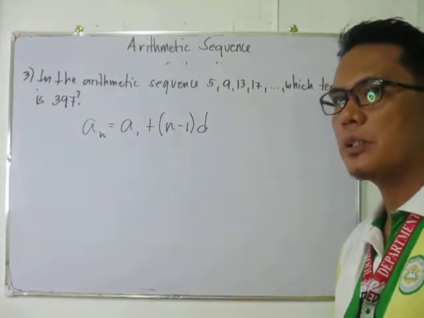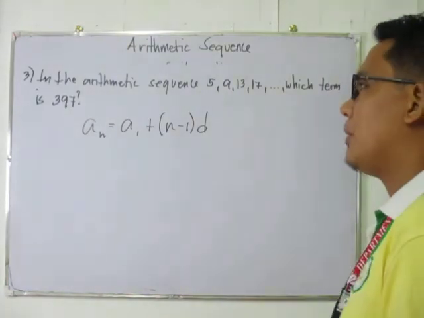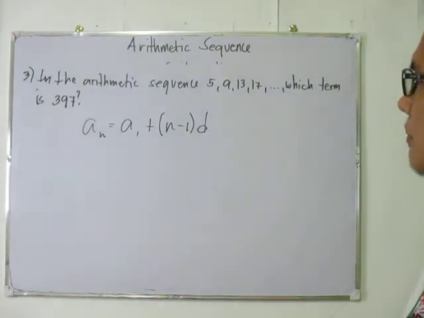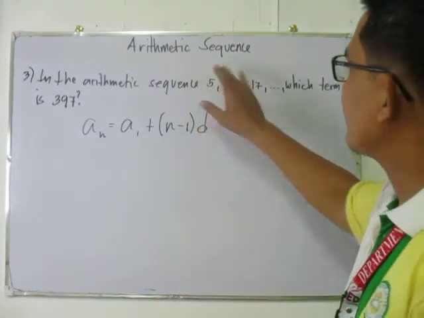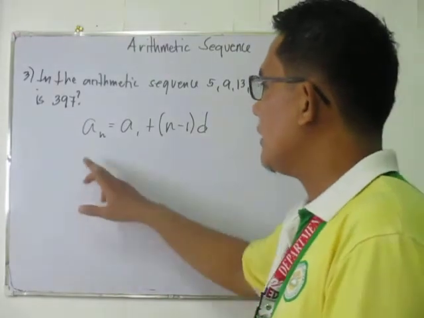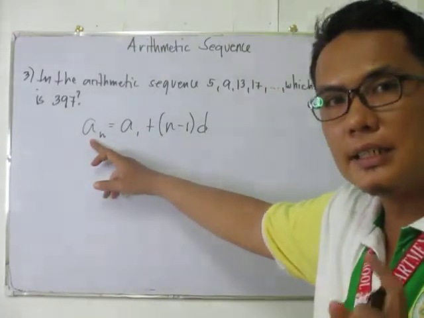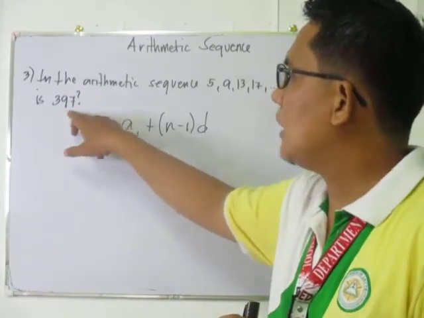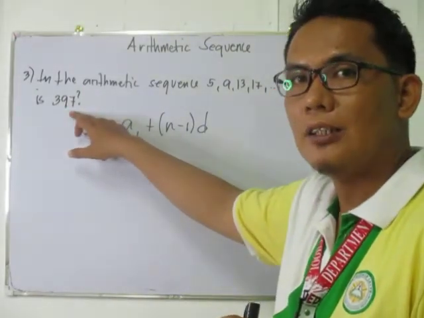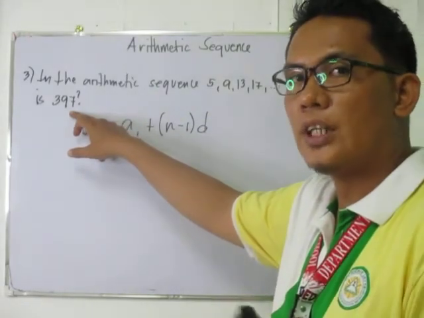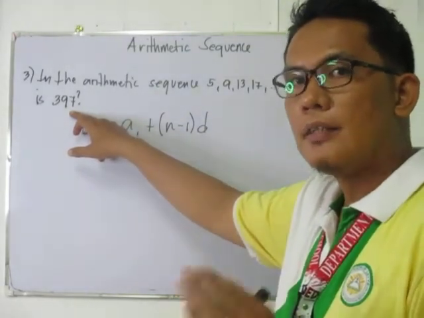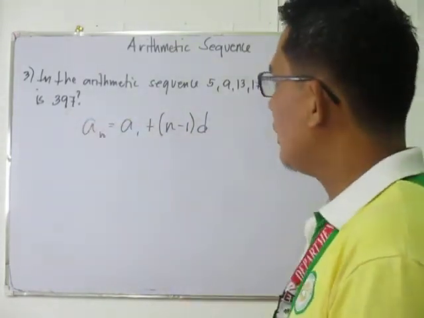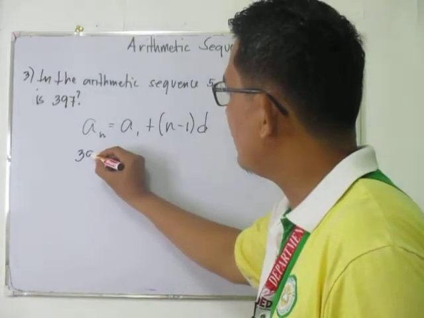Next, we're going to identify what expressions can be replaced in this problem. Obviously, what was a sub n? A sub n is the last term. Somewhere else in the sequence we have 397, so we can say that 397 is the last term given. That is identified already.